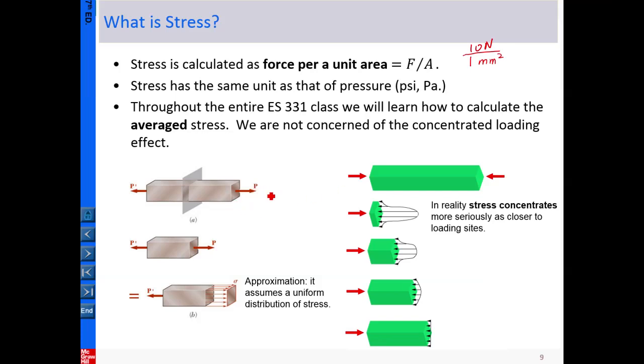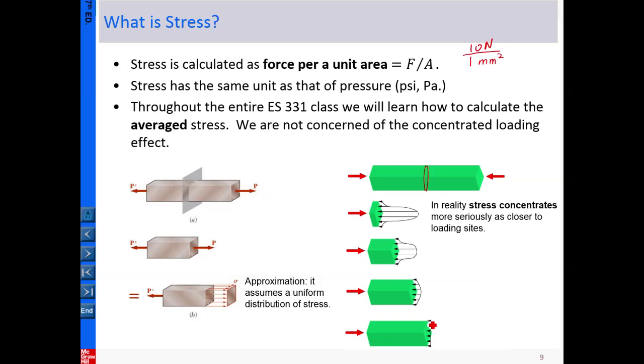Usually when we apply the loading, it is pointed. Nearby the location where it is applied, you should expect something like a needle poking your skin, and locally you will feel a lot of hurt because the stress there is very concentrated. If you pick any cross-sectional area farther away from where the loading is applied, for example this section, you can see the stress is pretty much uniform there.